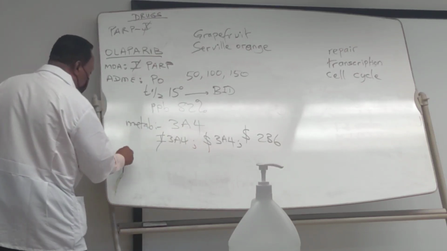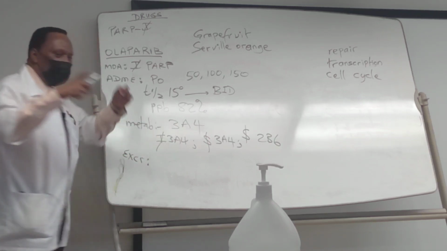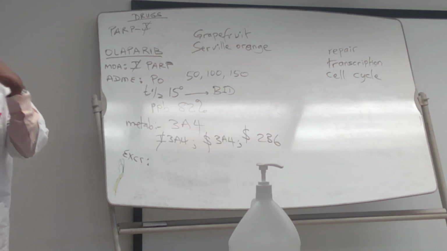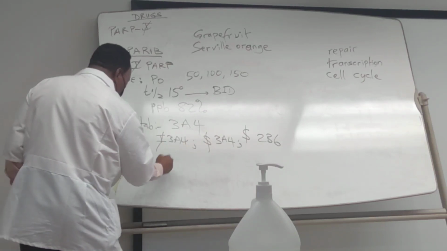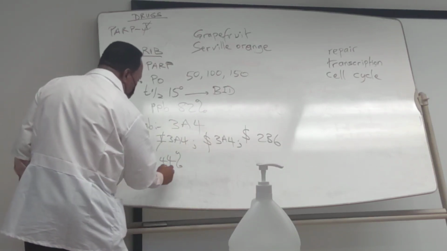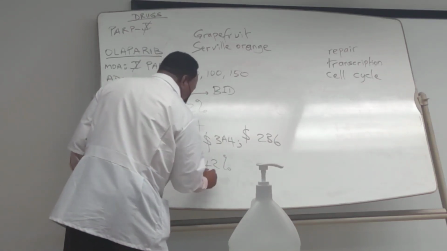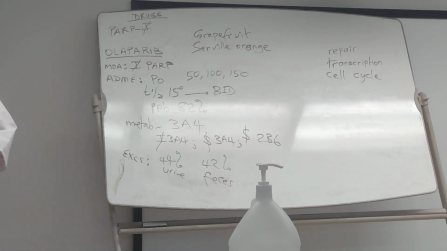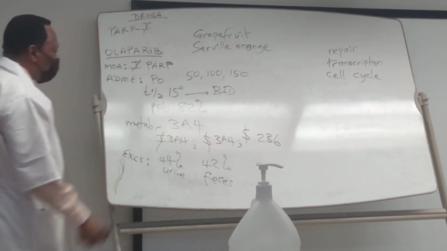And in terms of the excretion, it is about equally excreted through the feces and through the urinary system. It's about 44% through the urinary system, and it's about 42% through the feces. So it's almost equal in terms of renal or fecal excretion.